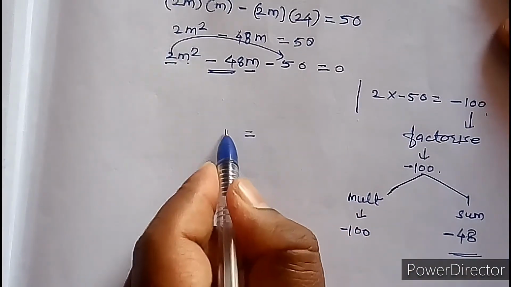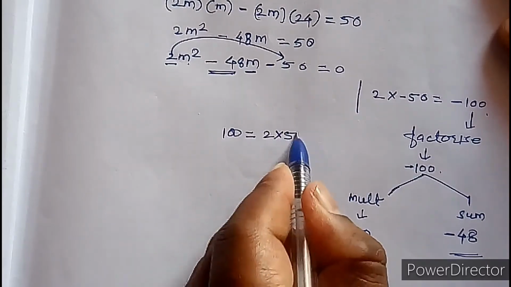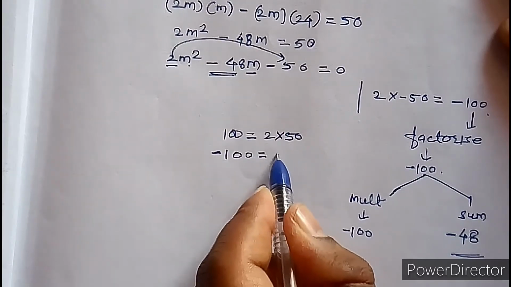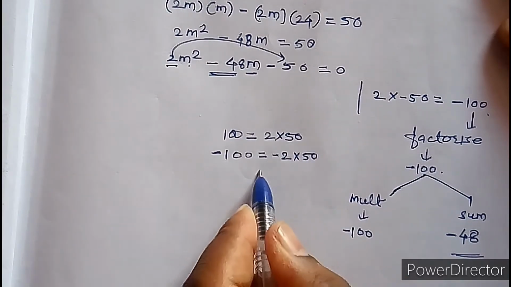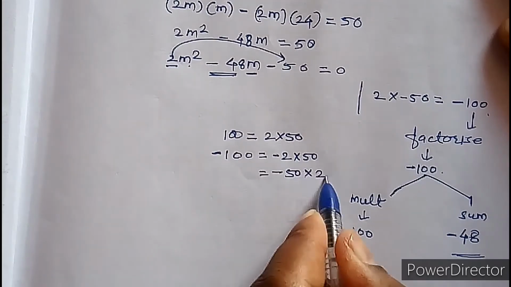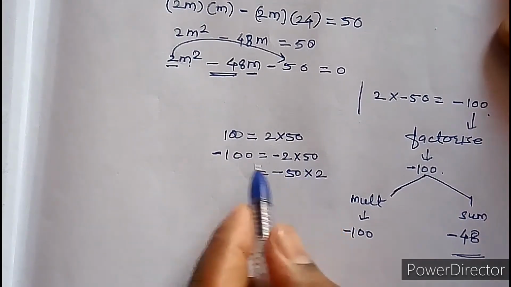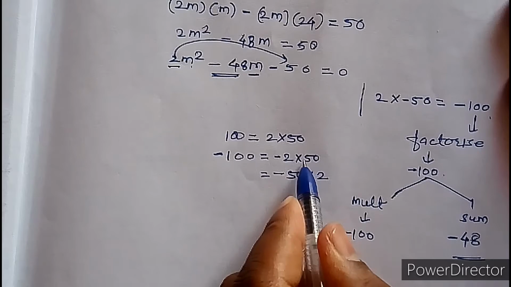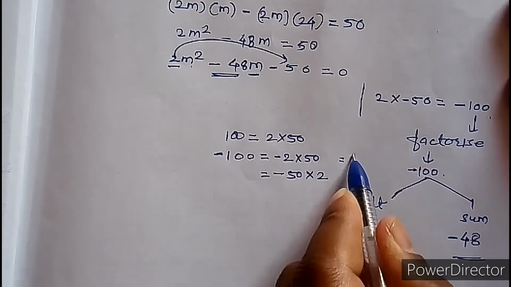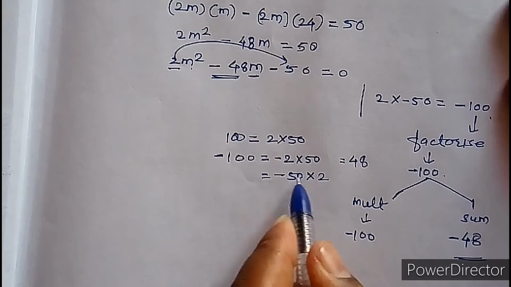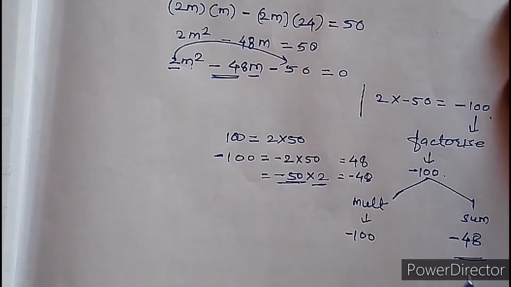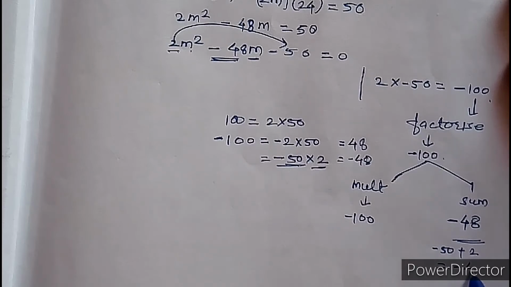If we take the factors of 100, that is 2 into 50, and we take the factors of minus 100, that may be minus 2 into 50, or that may be minus 50 into 2. Both products are minus 100, but the sum of minus 2 plus 50 is plus 48, and the sum of minus 50 plus 2 will be minus 48, means it will be the convenient factor, that is minus 50 plus 2 equals minus 48.